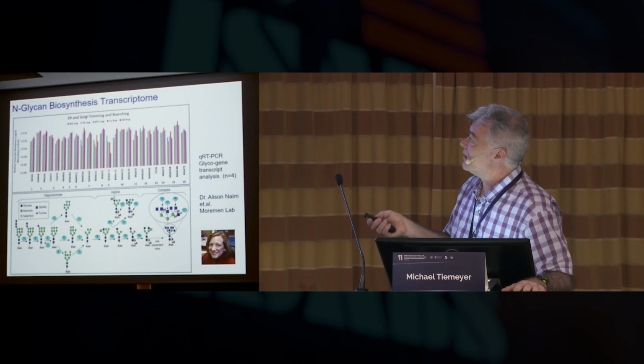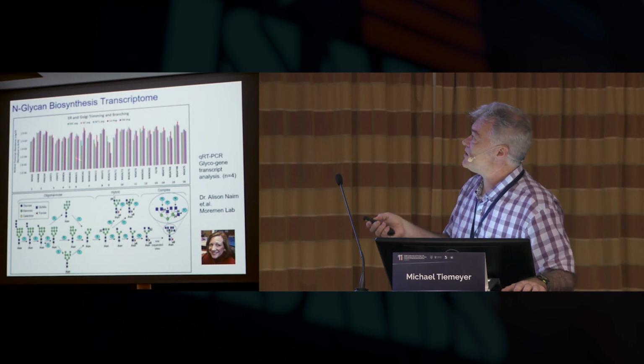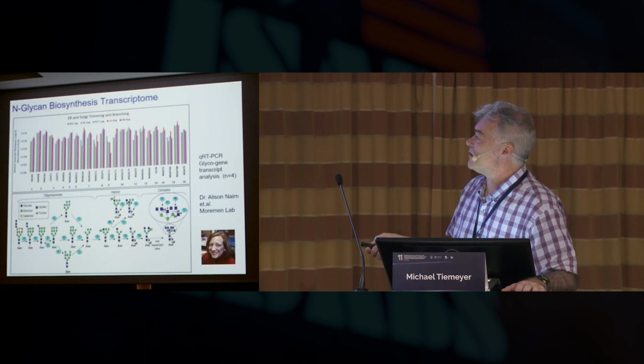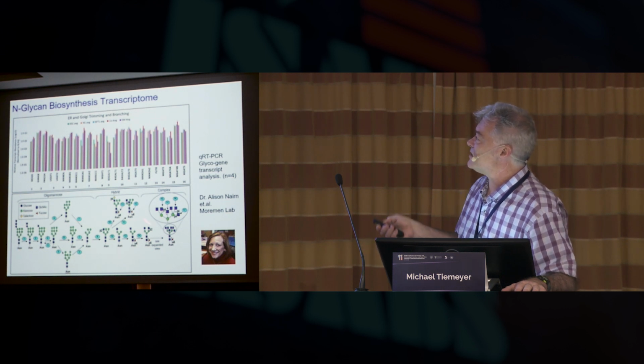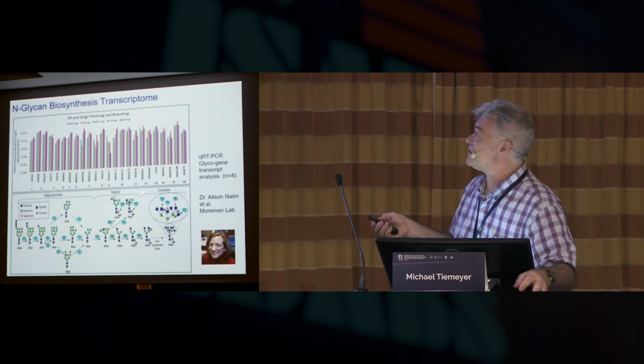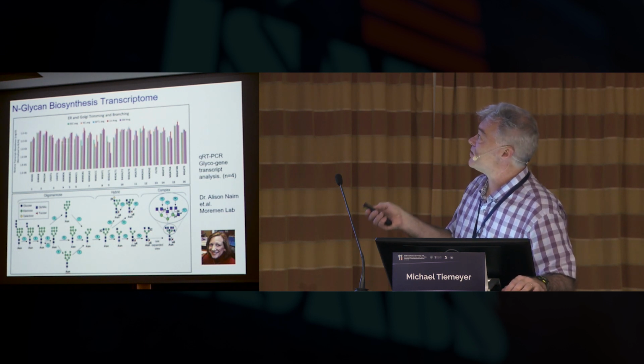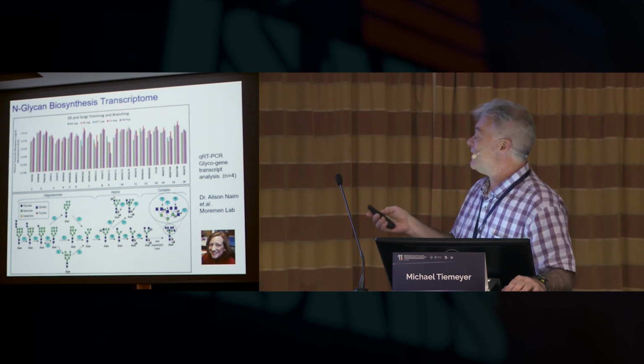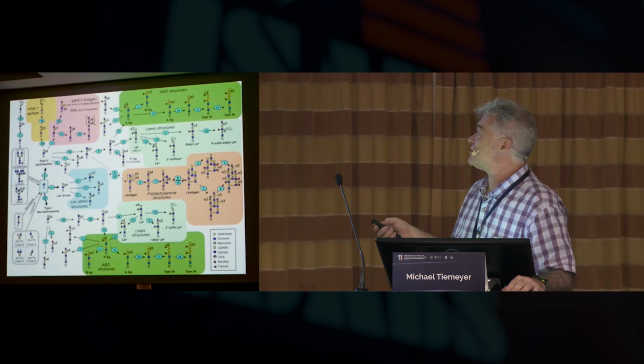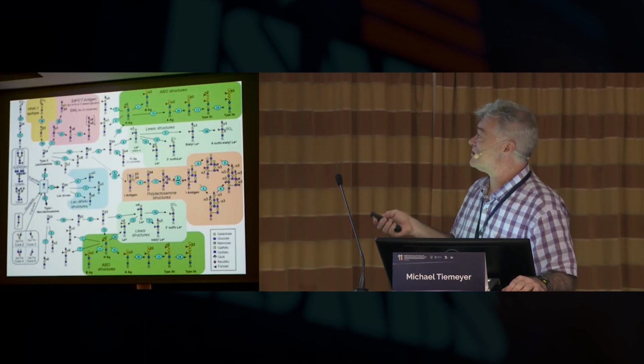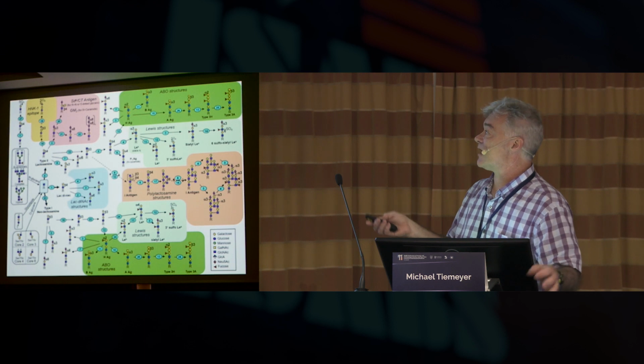So this is some data from Alison showing all the genes involved in going from the Glc3Man9GlcNAc2 precursor to a tetraantennary core branching precursor and their transcript profiles. And of course, this gets even more complex as you begin to look at capping reactions and all the enzymes involved in the different contexts.